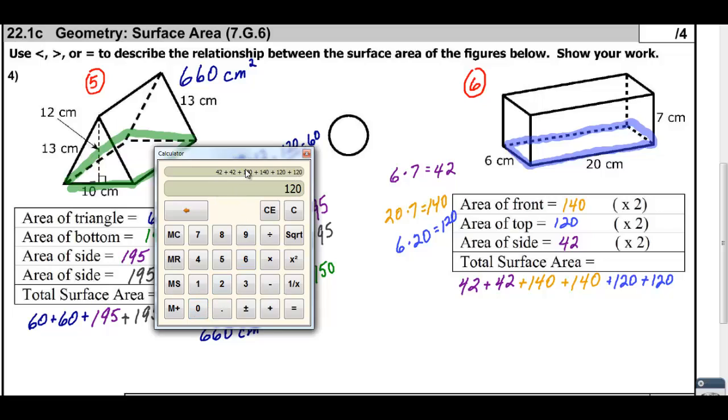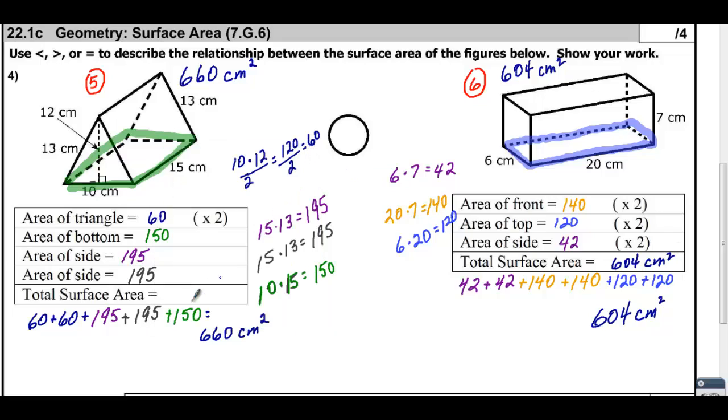So 42, 42, 140, 140, 120, 120 is equal to 604. So this totals 604 squared centimeters. I'll put it right in there too. 604. Put it several places.